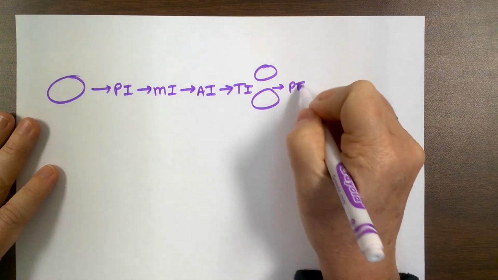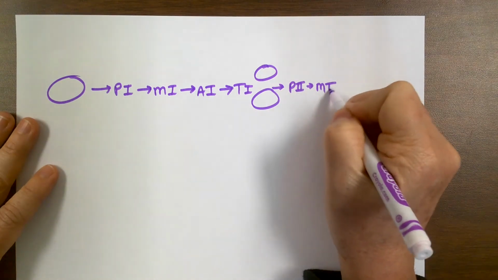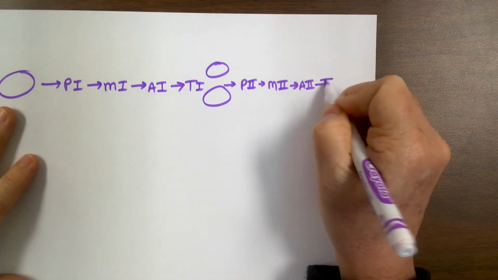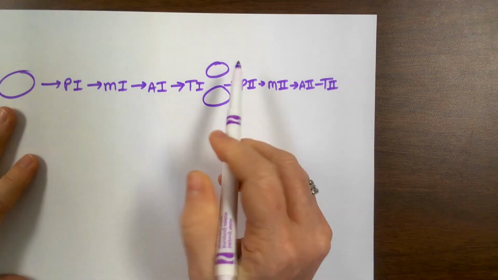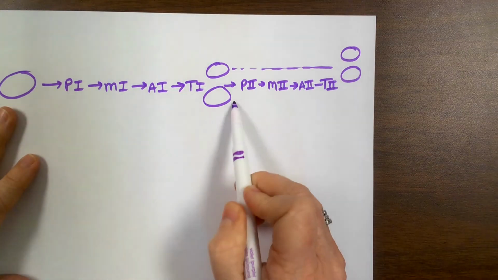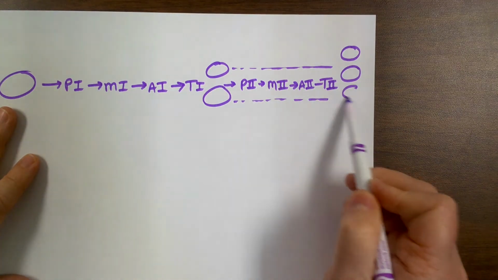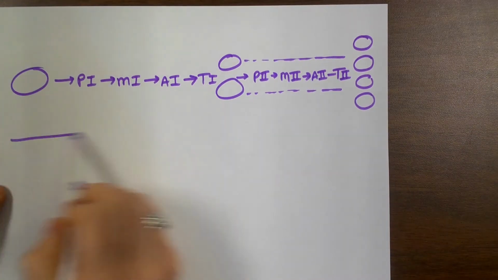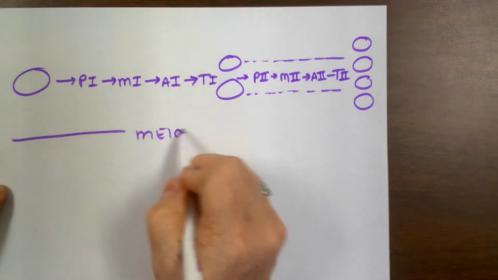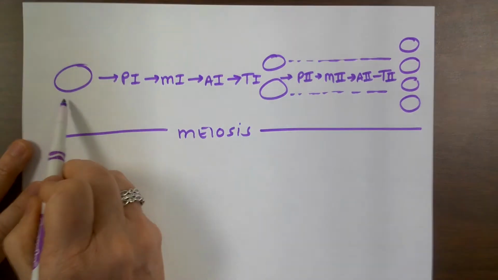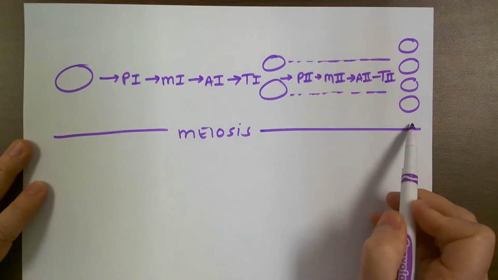Then it's going to go prophase 2, metaphase 2, anaphase 2, telophase 2. That cell will go through all those stages and divide in half, and the other cell also goes through and divides in half. So after a full meiosis, that's 8 steps, you go from 1 cell to 4.